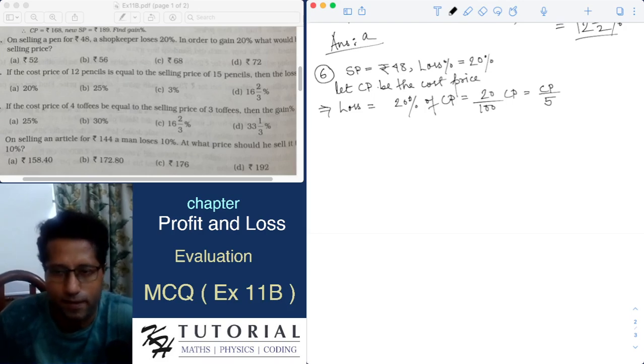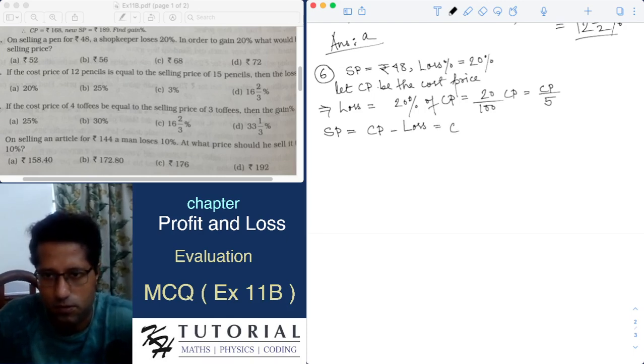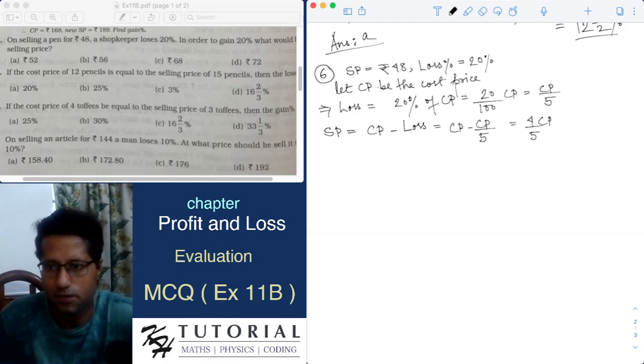Also we know that if there is a loss, SP will equal CP minus loss. This equals CP minus CP by 5, which is 4 CP by 5. Now selling price is given to be rupees 48.